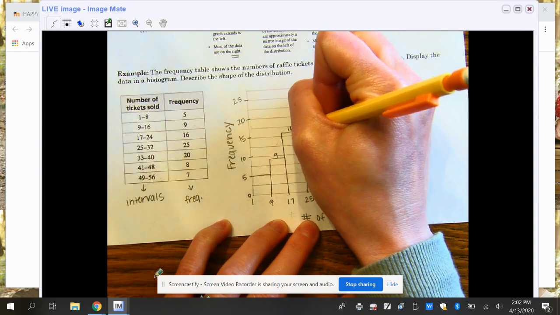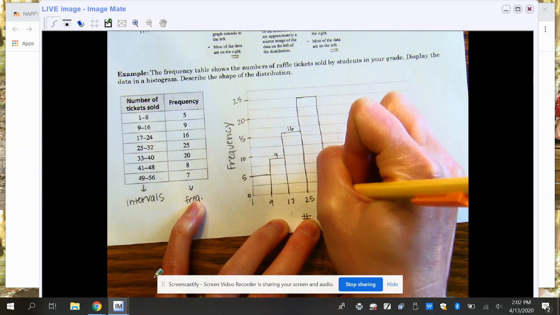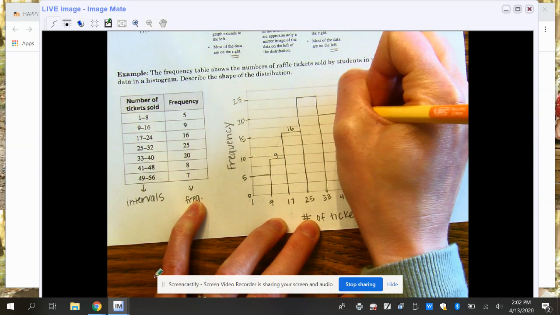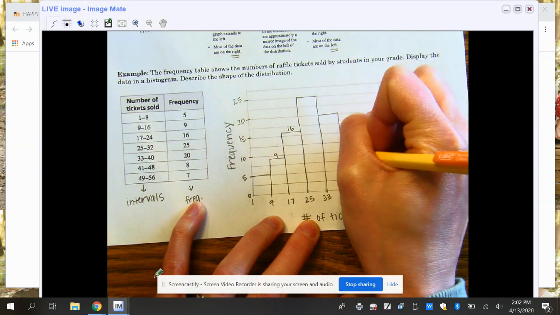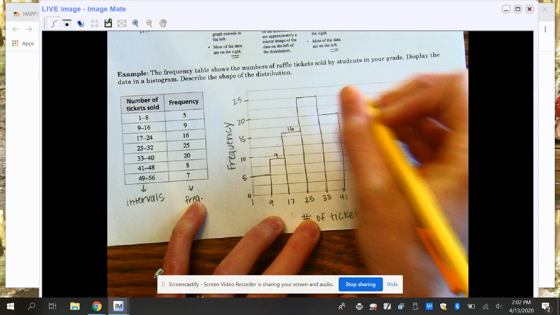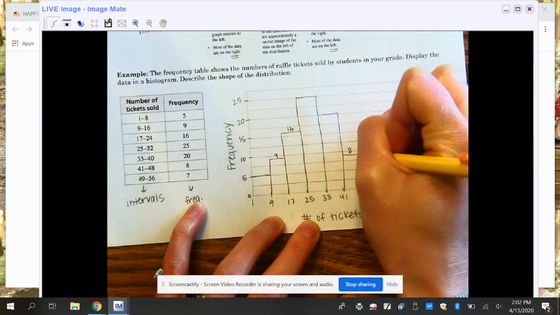Next interval had 25. And then down to 20. And then down to 8. And then down a little bit more to 7.